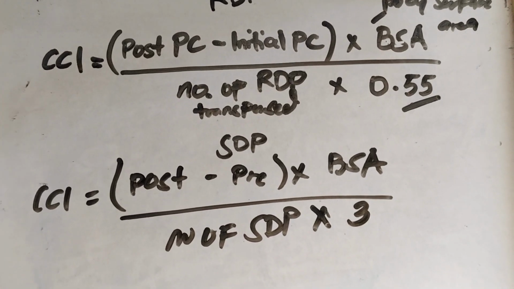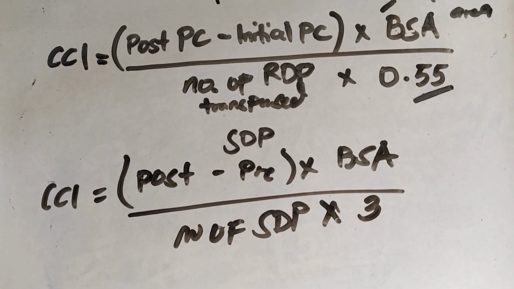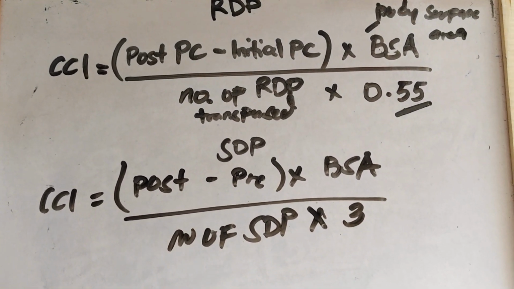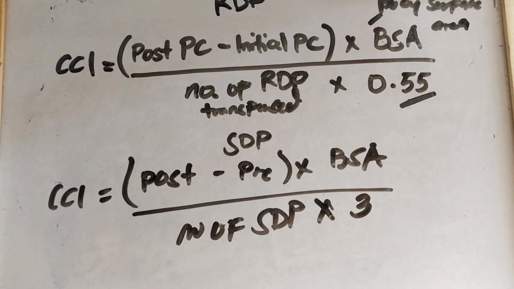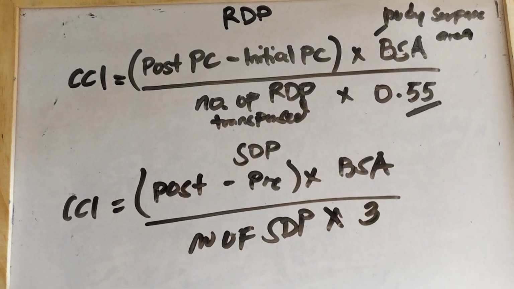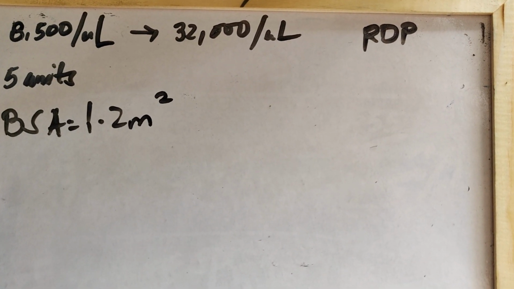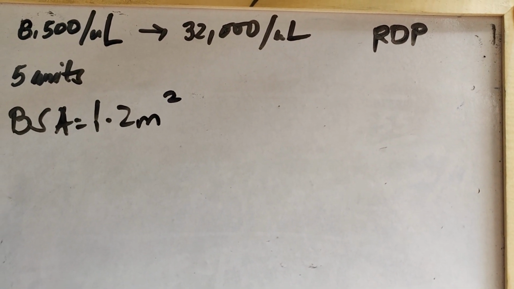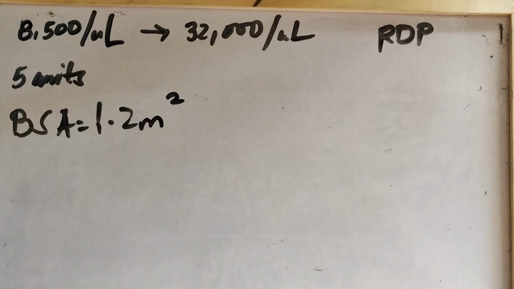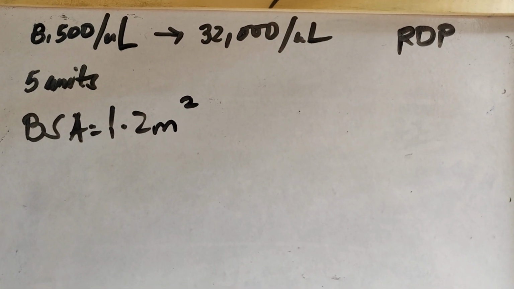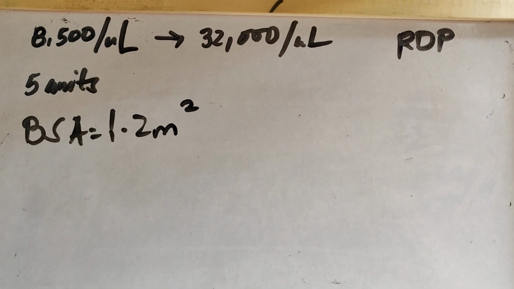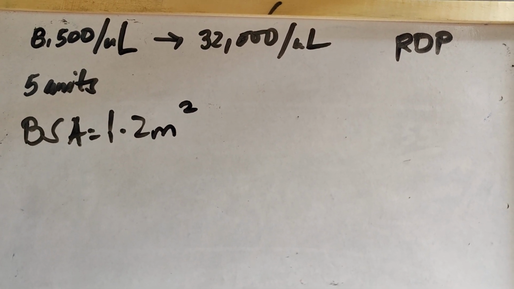Now that we have our formula, let's proceed with an example. For our first example, this is our given. Kindly take note first, since my space is small. Our pre-transfusion platelet count is 8,500 per UL.